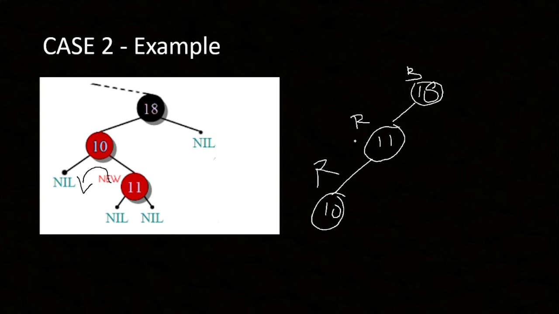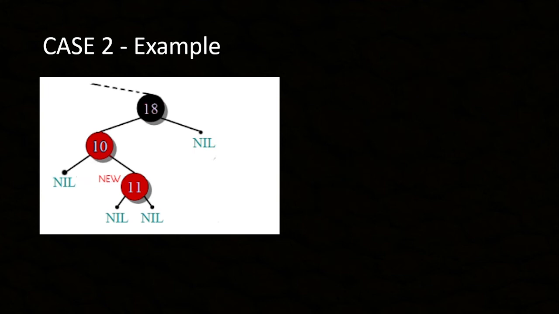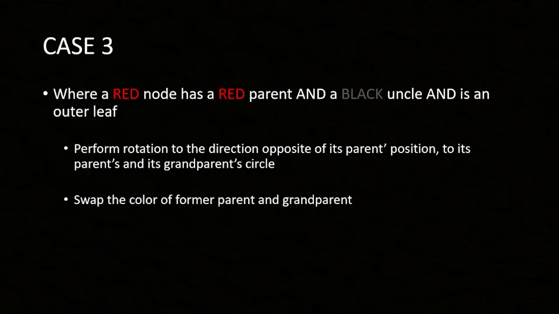So this is actually our third case. So it comes to a point where we have case 3, where a red node has a red parent and a black uncle, and is an outer leaf. See, from case 2 we can transform into case 3. What do we do? We perform rotation to the direction opposite of its parent's position, to its parent's and its grandparent's circle.